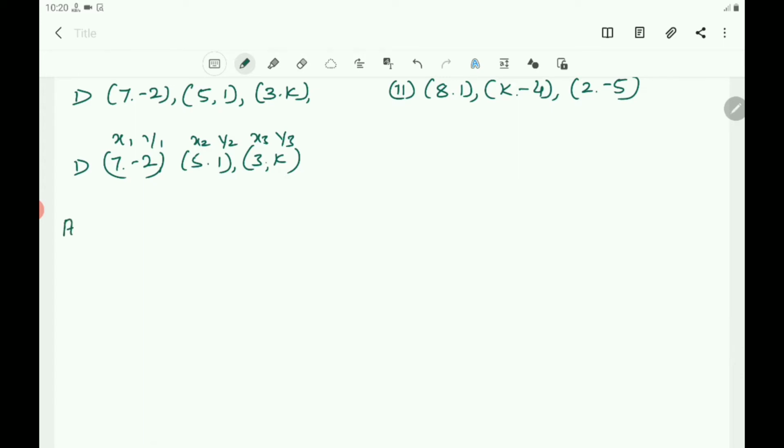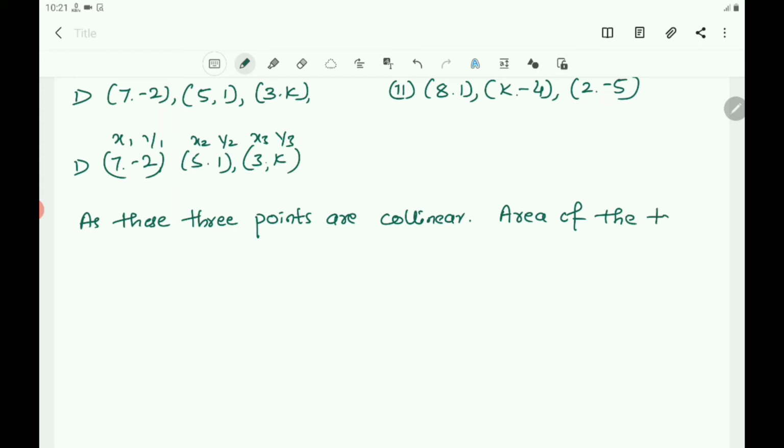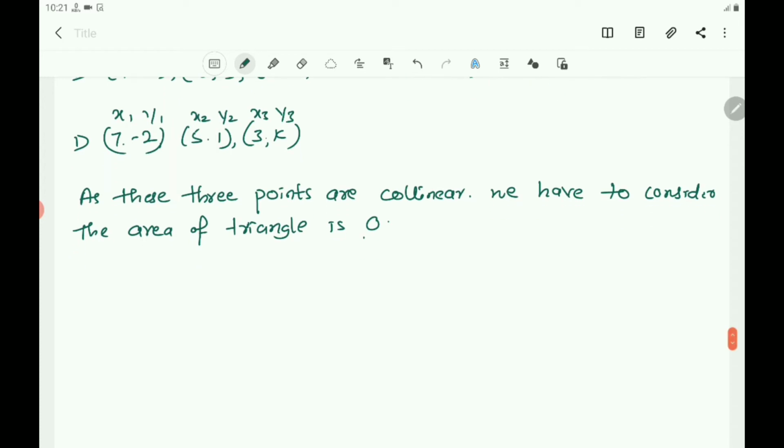As these 3 points are collinear, the area of the triangle we have to consider is 0. So you write that formula for the area of the triangle.